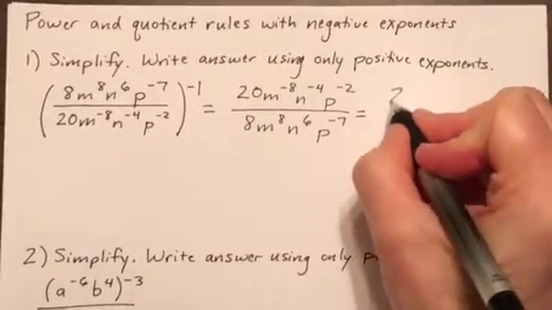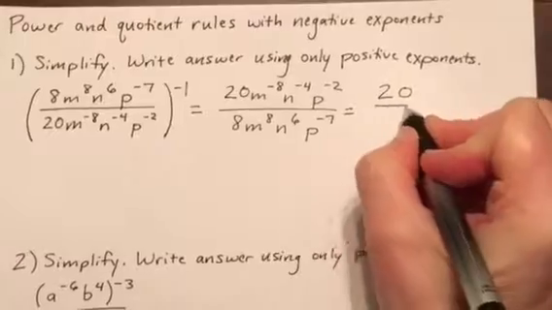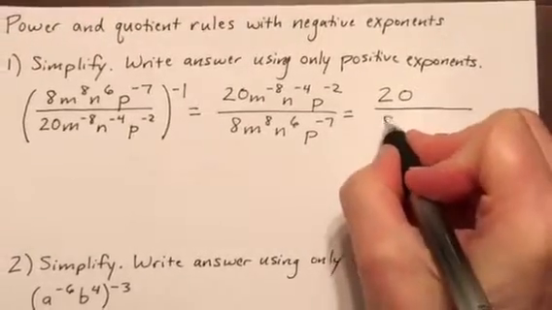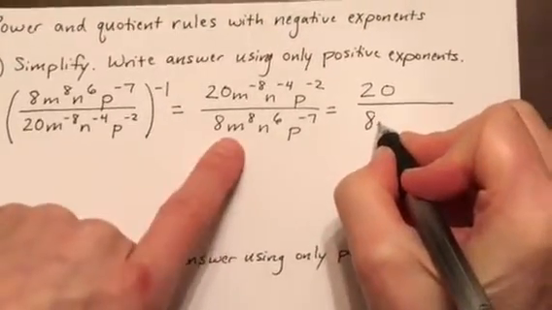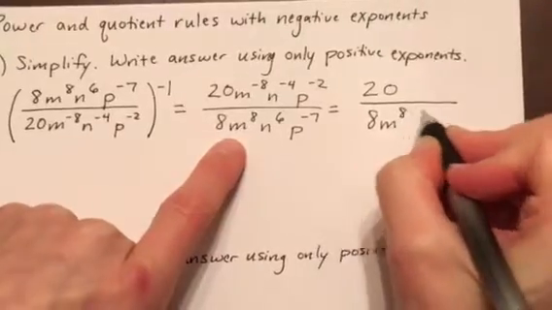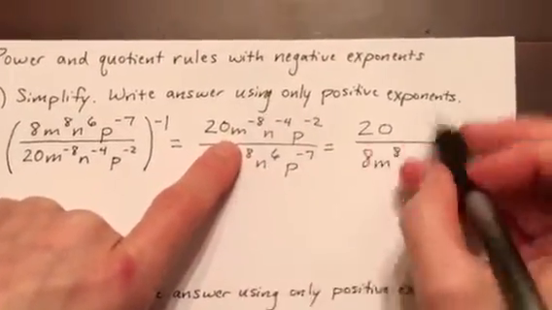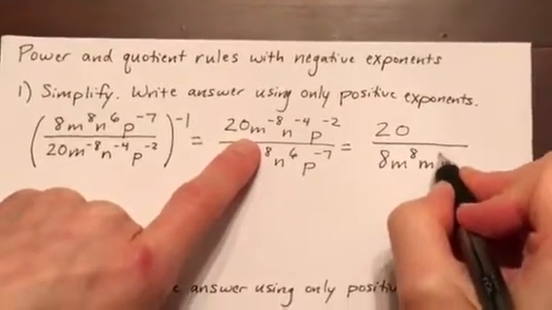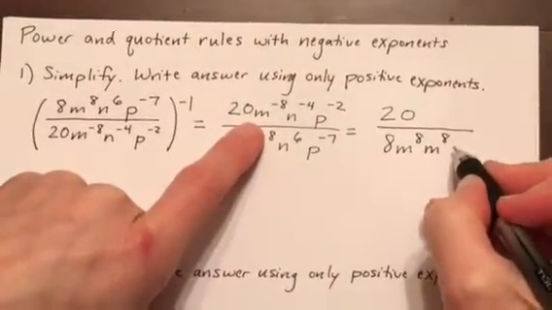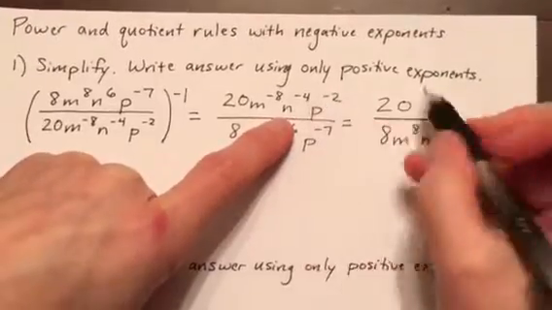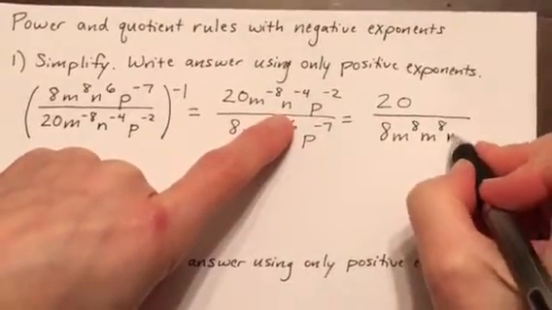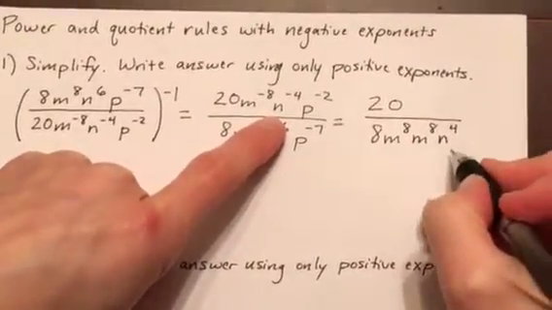So let's rewrite the fraction as 20 over 8. M to the 8th is already there. And then I'm going to move this m to the -8 from the numerator down to the denominator, and it becomes m to the +8. I'm moving n to the -4 down, and that will become n to the +4.